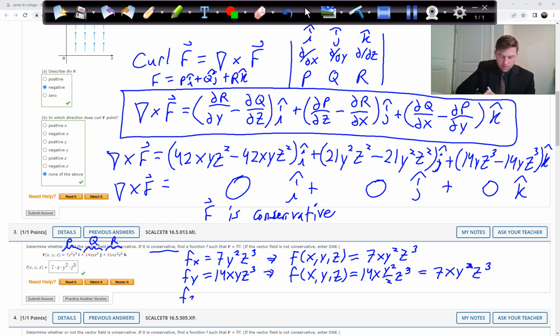Then the last one, the partial derivative with respect to z, has to equal the third term, the R term, 21xy squared z squared.